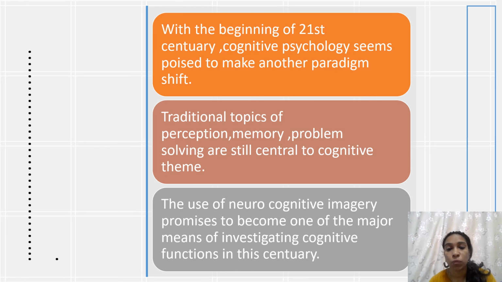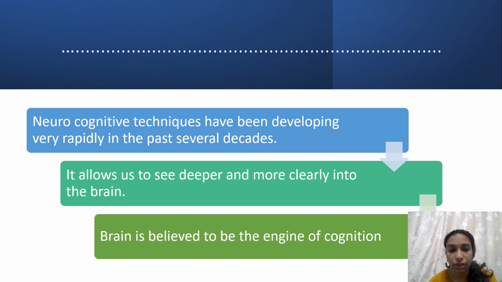Neurocognitive techniques have been developing very rapidly in the past several decades, allowing us to look deeper and more clearly into the brain, as the brain is believed to be the engine of our cognition.